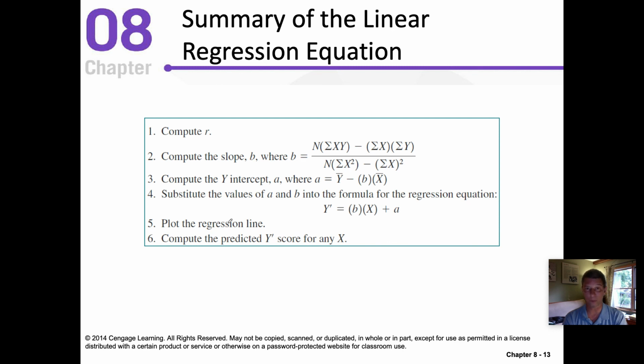By hand, you have to make a chart and calculate the sums of all of these crazy things: the sum of the product of x and y, the sum of x, the sum of y, the sum of x squared, and the sum of x quantity squared. But once you've done that, and you probably have most of those terms already from calculating the value of r, you can now use this to compute the predicted value of y prime for any value of x.